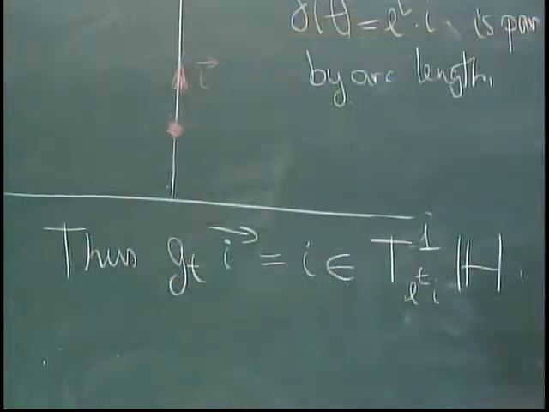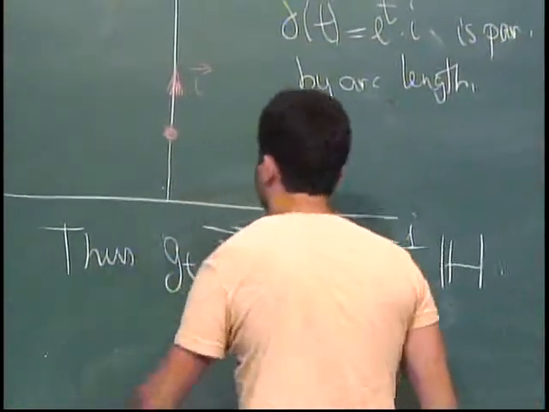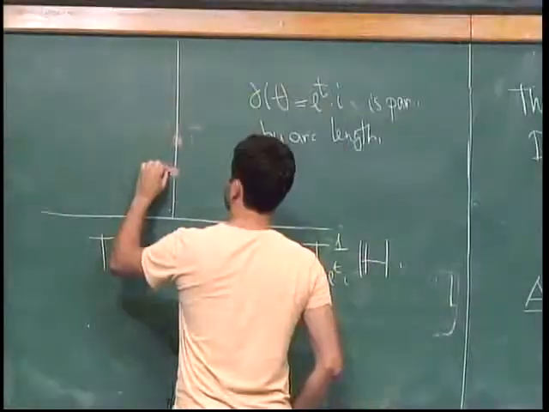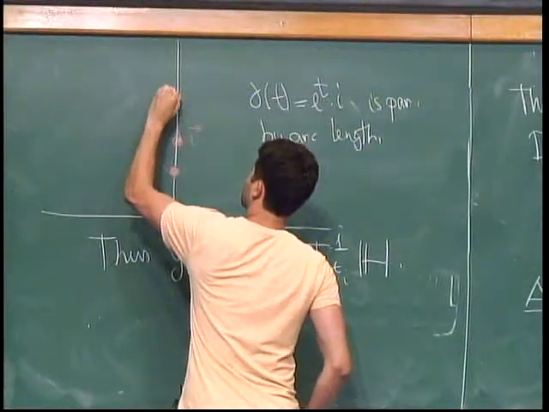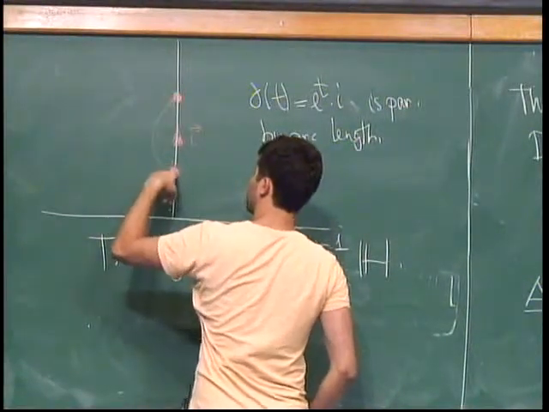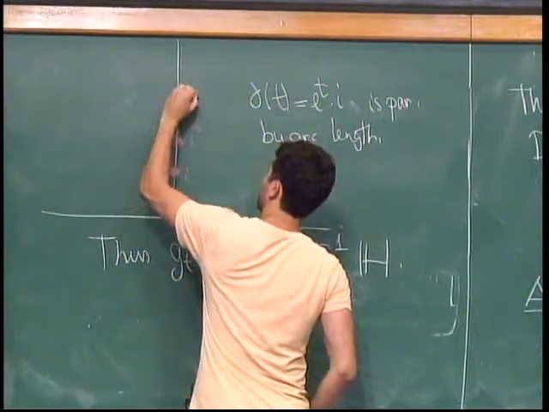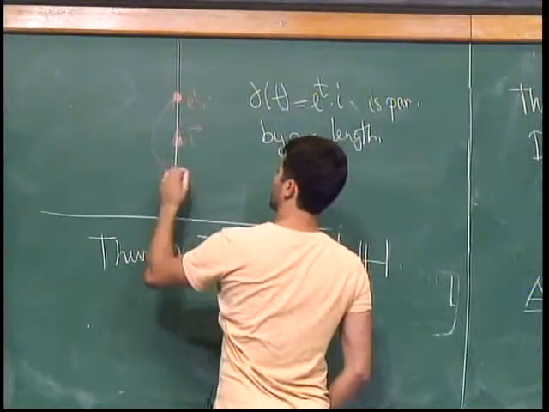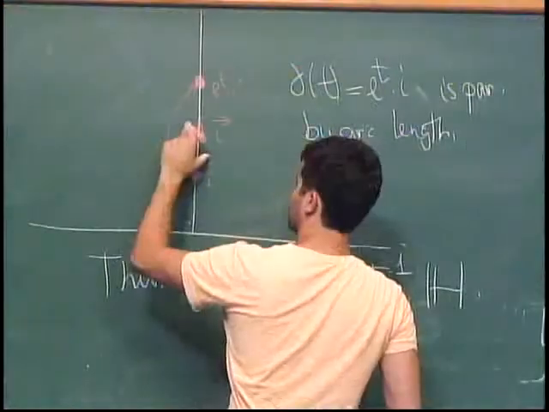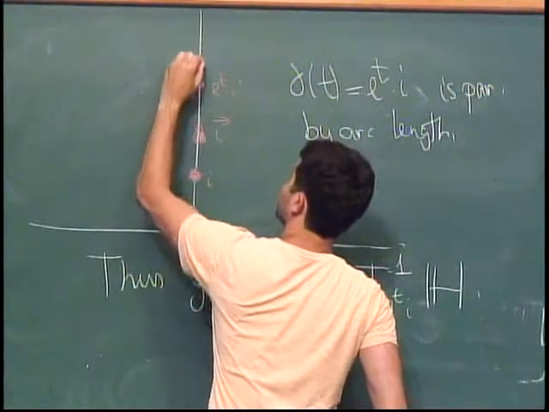So what the geodesic flow does to this vector here is just sending the base point I to e^t I and then sending the tangent vector to a unit tangent vector here.